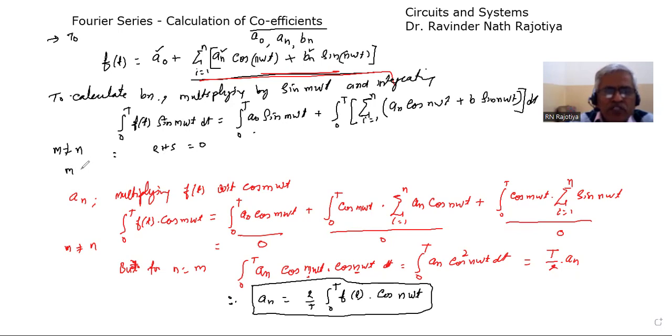But for the condition m is equal to n, when you put the value of n and m, this will become sine square.